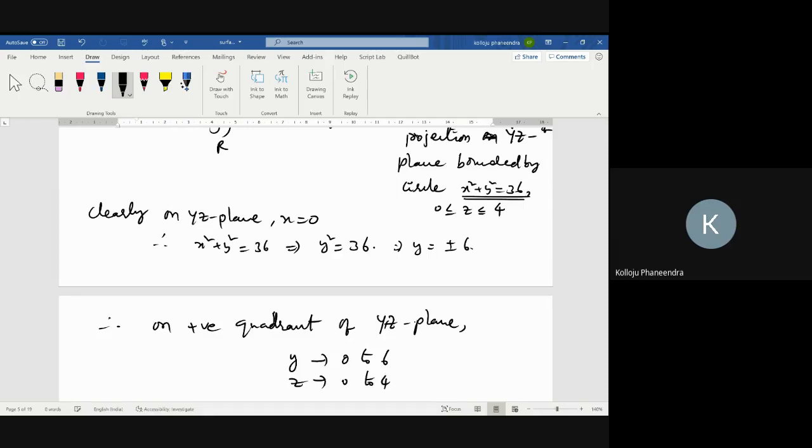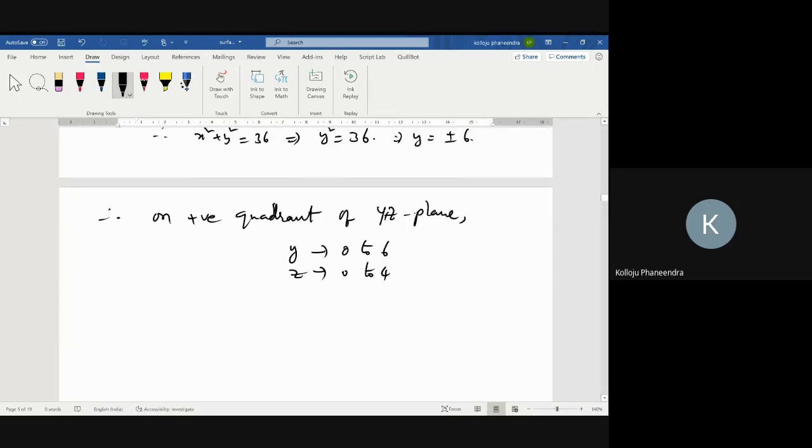It is clearly given. Therefore, the double integral over S of F bar dot n bar dS is equal to, now, since the limits are constants, you can evaluate with respect to any variable.